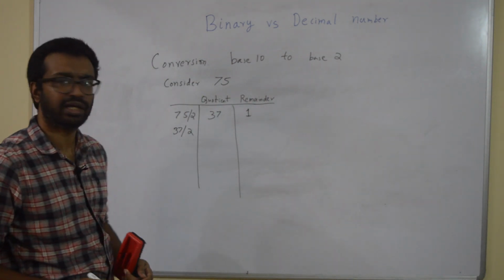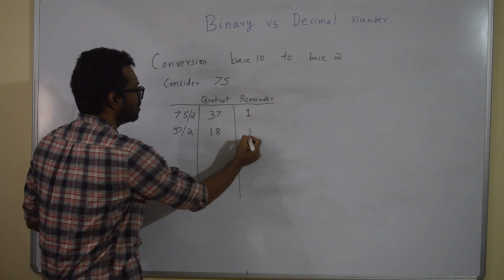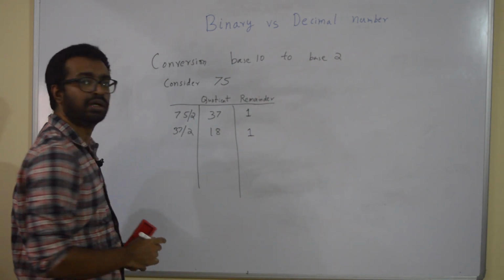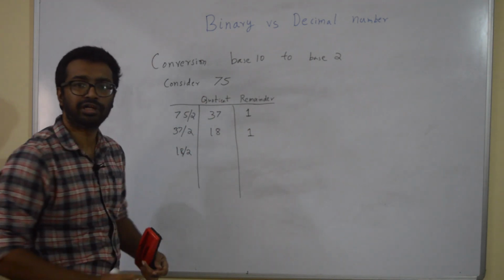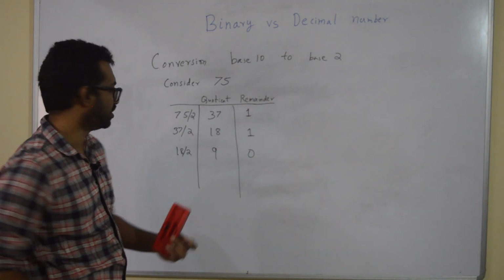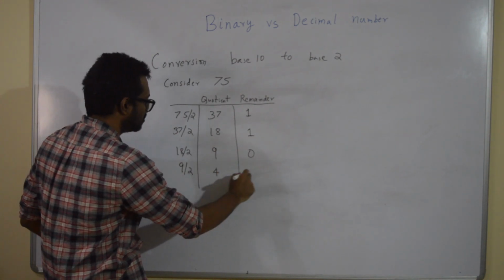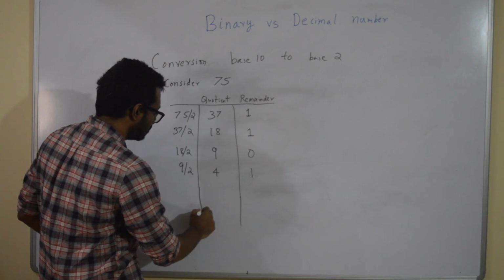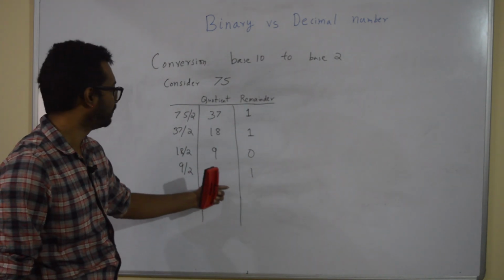How much is that? 18, because 18 into 2 is 36, plus 1. Next, 18 by 2 is 9, with 0 as remainder. Nine by 2 gives you quotient 4 and remainder 1.